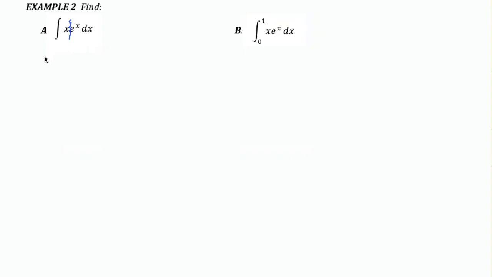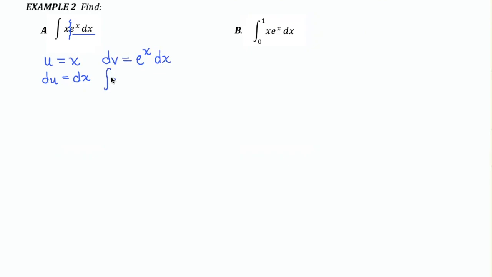So I'm going to let u be the first function, which is x. And then I'm going to take the derivative of u, which is, of course, dx. Now, unlike u substitution, I will then set everything else equal to dv. So I take the entire rest of the integral, including the dx, and call that dv.